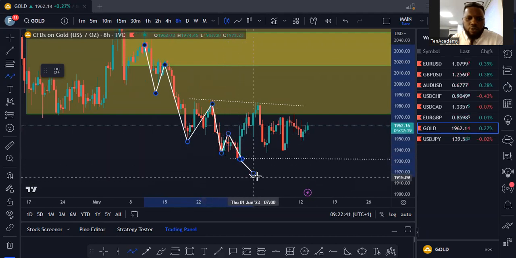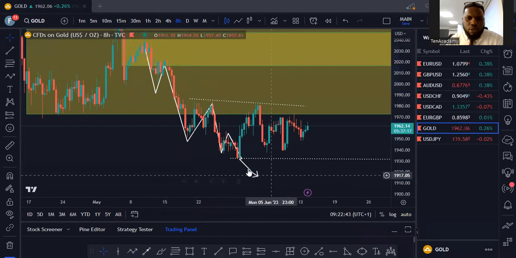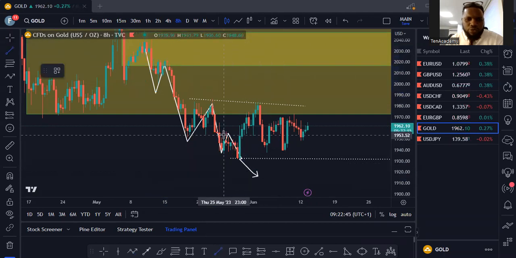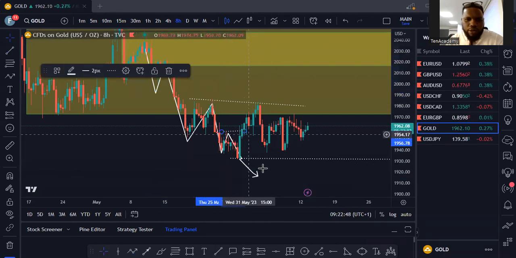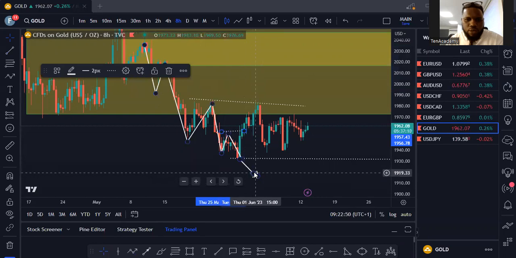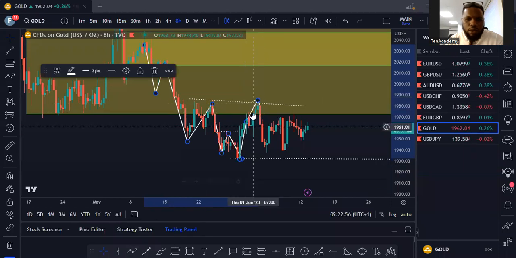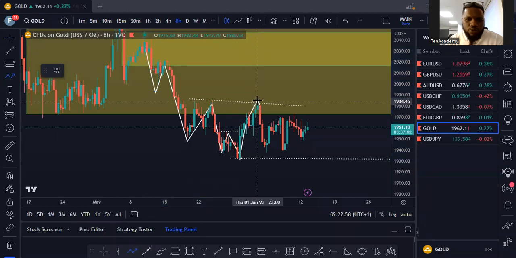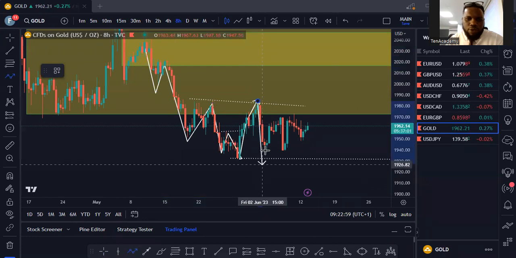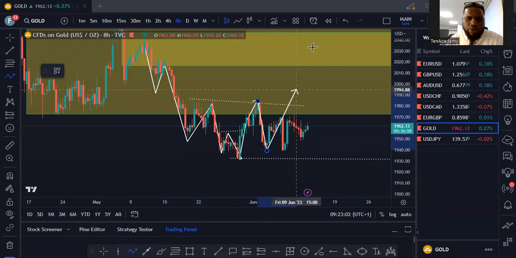And price has broken this high. And then we can see the retracement, and possibly price is going to go all the way to the top side.